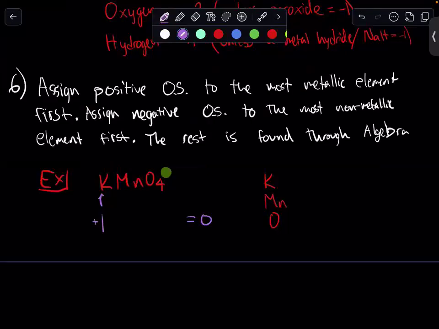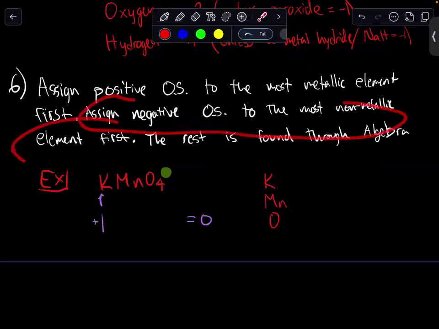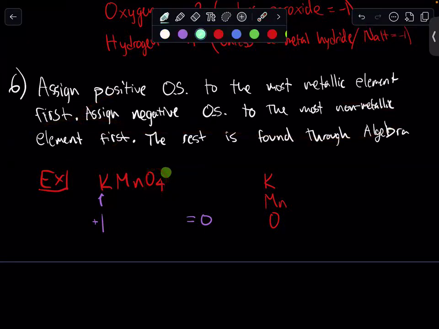We know that potassium is group 1, so it's going to have an oxidation state of +1. Then we assign the negative oxidation state to the most non-metallic element. Well, that's the only one here, oxygen. Oxygen will have an oxidation state of -2, and we have 4 of them, so we're going to multiply by 4. Then manganese. We don't have a rule for manganese, so we're just going to represent manganese as X. And we're going to sum these up.